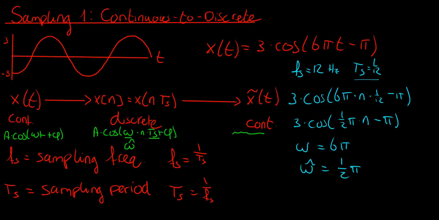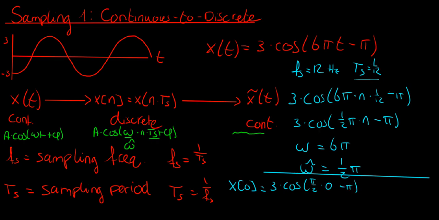And with this sampling, we can calculate what our discrete values will be. Because for n is 0, we of course fill that in. We get 3 times the cosine of pi divided by 2, or half times pi, it's the same, times 0 minus pi.